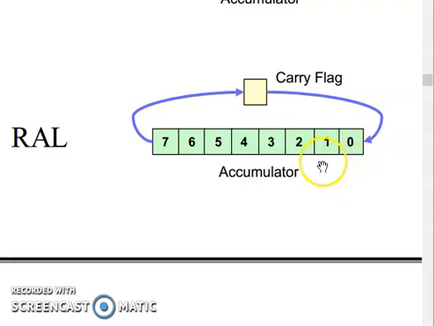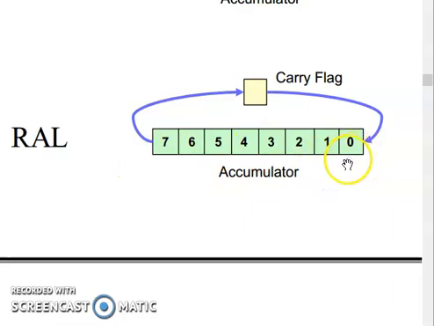The D0th bit will shift towards the first, the first will shift towards 2, 2 to 3, 3 to 4, 4 to 5, 5 to 6 and 6 to 7. This is the left side and this is the right side. So when we move from right to left, it is rotating towards left.